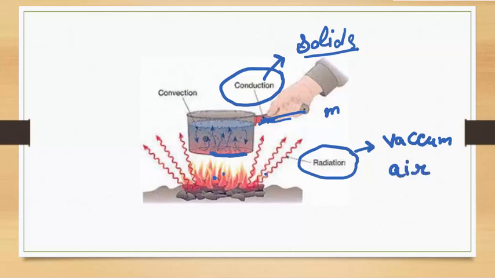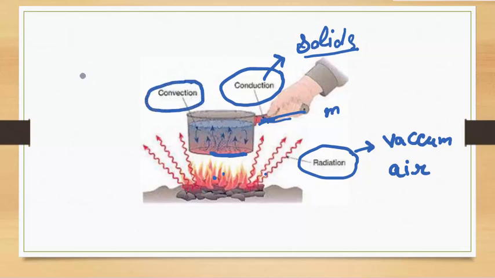Now the internal part, the fluid contained in the container, is heated by the method of convection. If we have a pot, then only the outer surface, the fluid touching the container, feels hot, and the rest, the center part, will be heated by the method of convection.